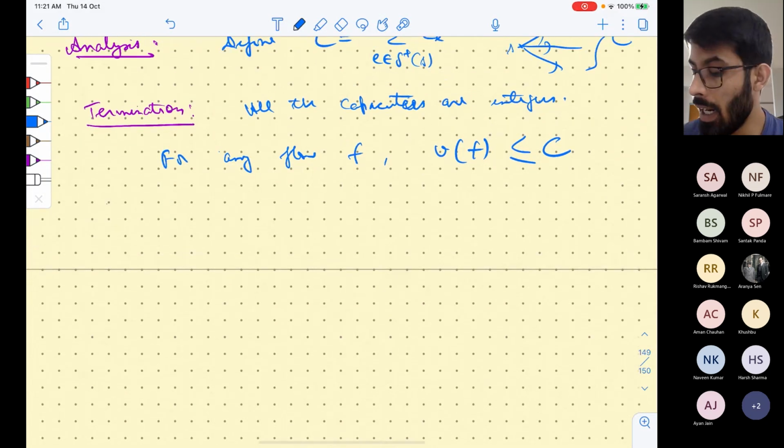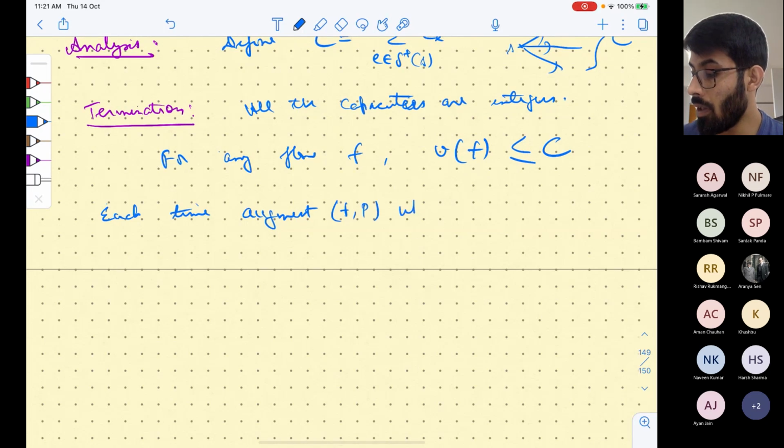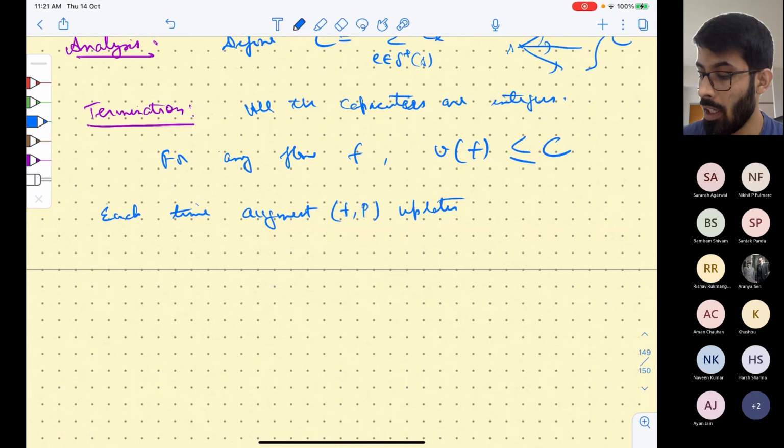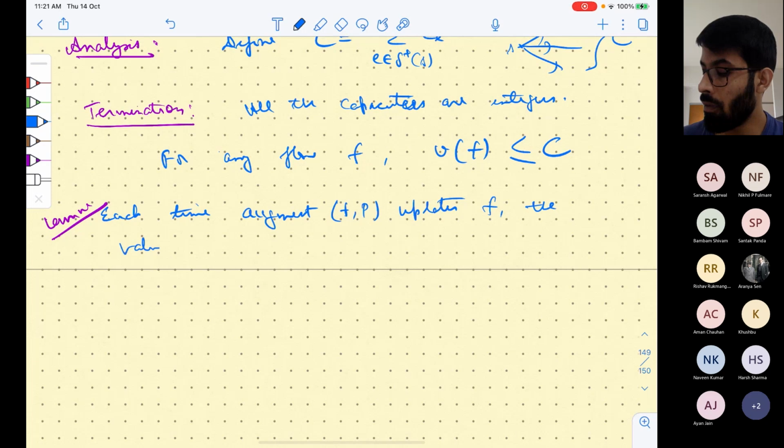But now we need to show something else, which is that each time augment happens and updates F, the value of F increases by at least 1.